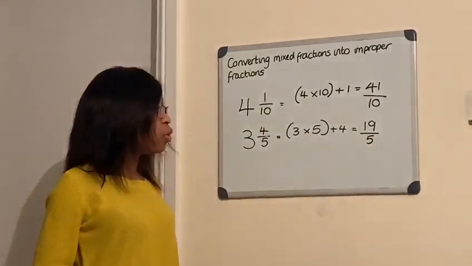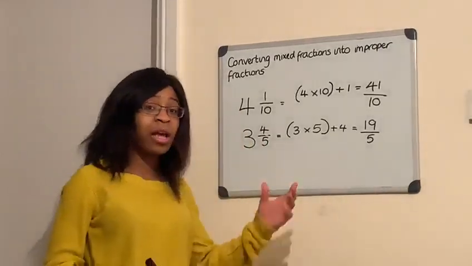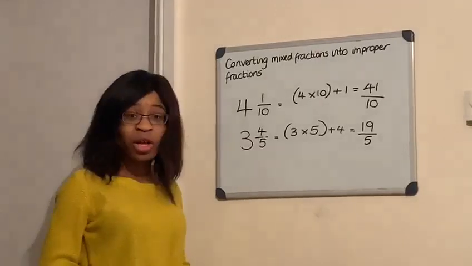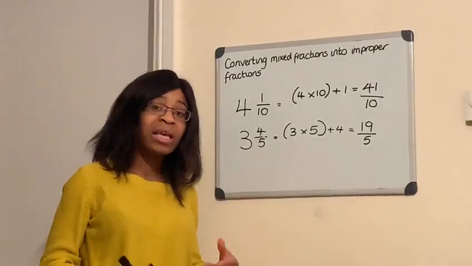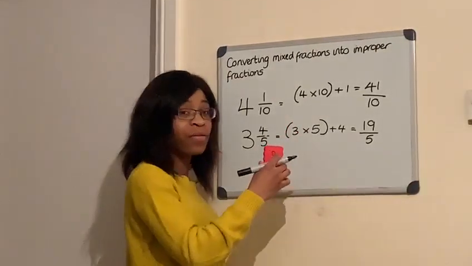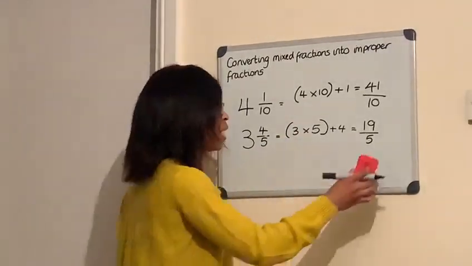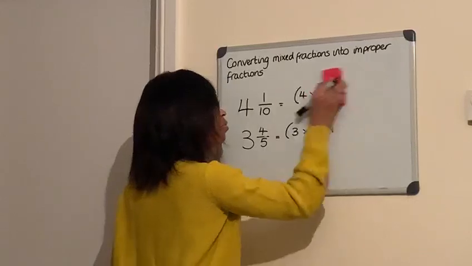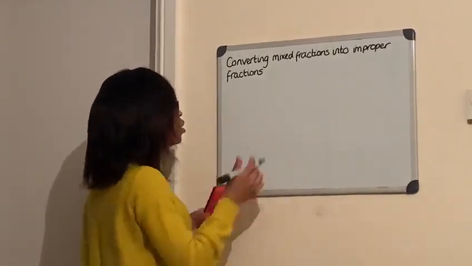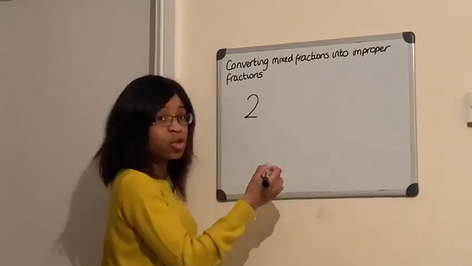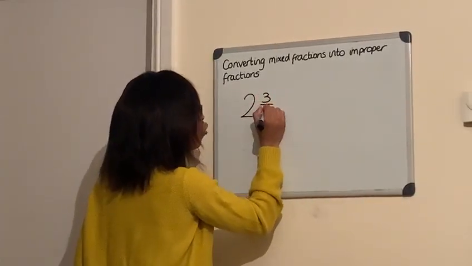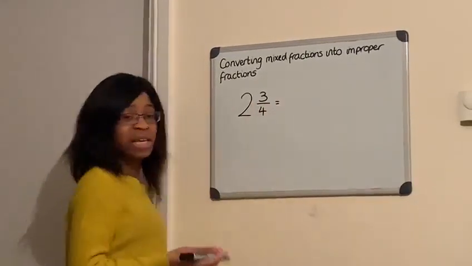Now what I'm going to do, I'm just going to put one on the board, and I'd like you to stop the video and give it a try, see if you get the right answer and see how you go. So I'll rub this off and I will put one on the board now. So if I put something like 2 wholes or 2 ones, and I put 3/4. So I'd just like you to give that a go.